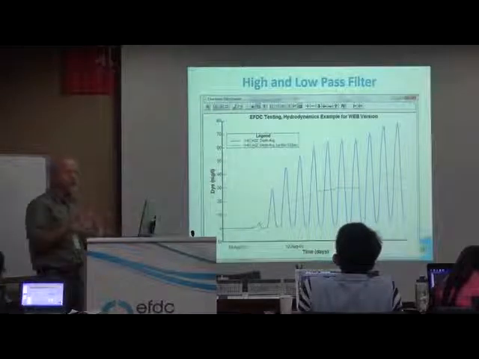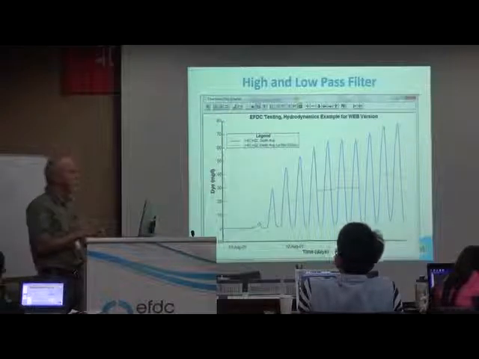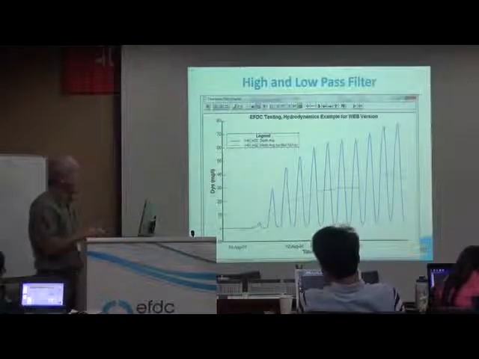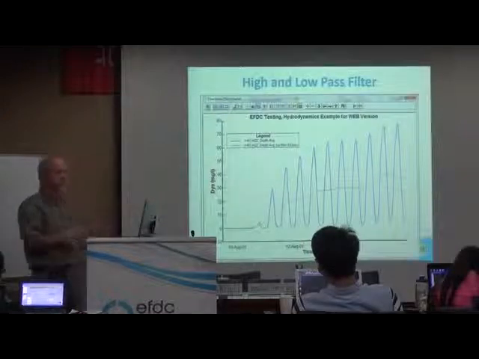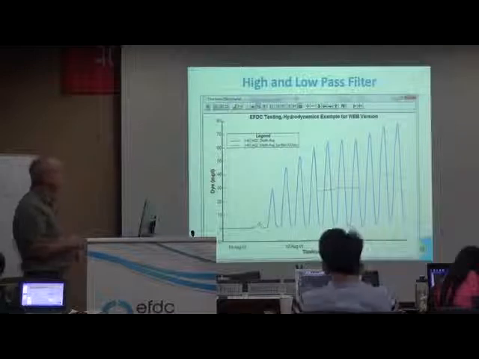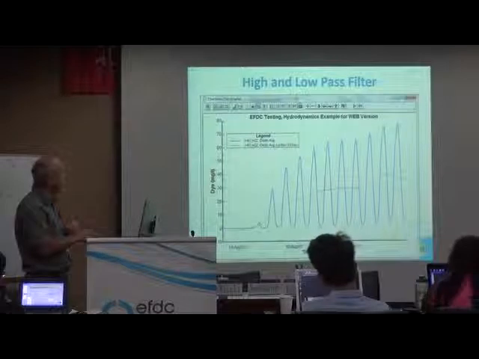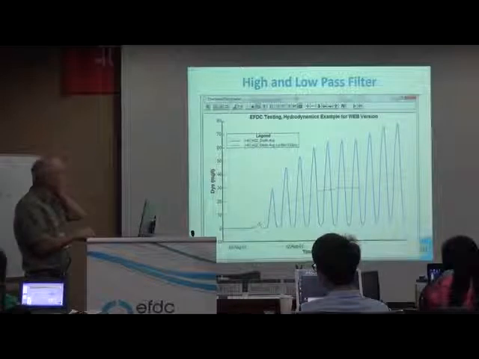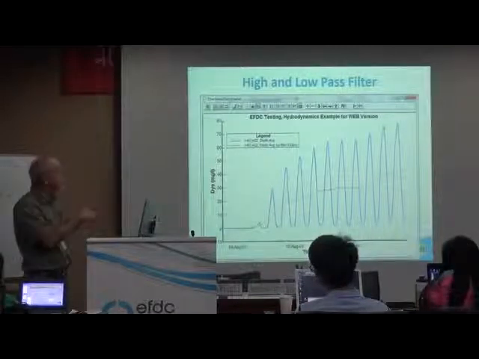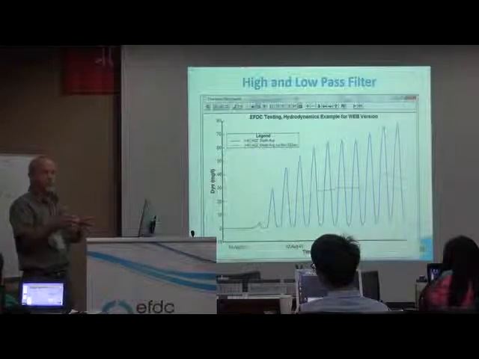A new feature is whenever you generate any kind of time series or really any kind of line plot, you have available to you the ability to generate low pass and high pass filter analysis of the data. And so if, for instance, in this case, you had some series that had some sinusoidal signal in there, and you wanted to look at filtering it out, you can apply a 12-hour filter, and this is totally user specified, and EE would provide that line to you as a separate line or only show the filtered line, and you can do this ad hoc, or you can actually build it right into your calibration statistics and plots.